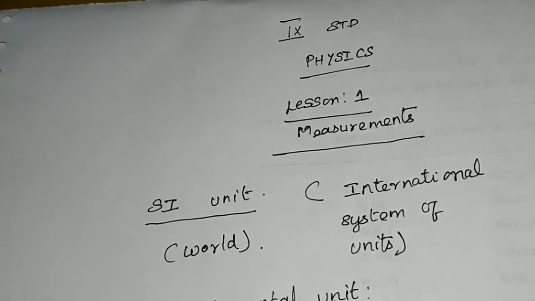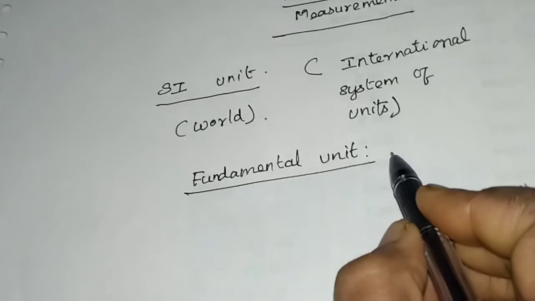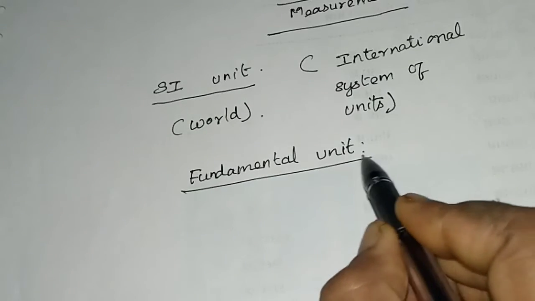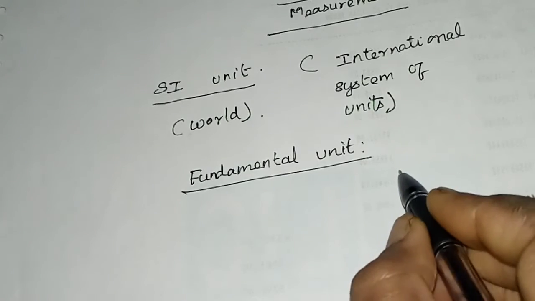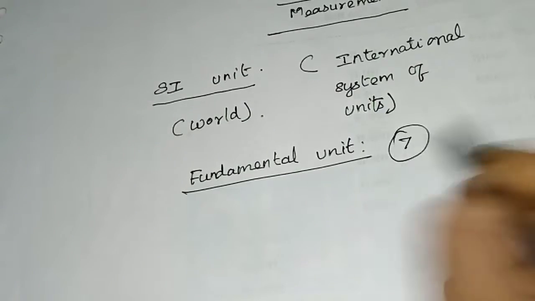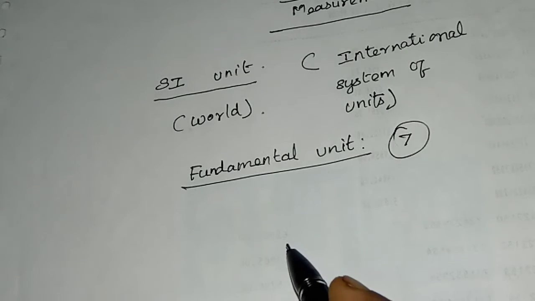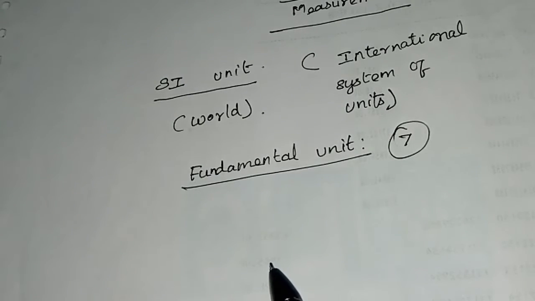I explained what fundamental units are. Fundamental units are the units which are the basis for all the units. There are 7 fundamental units. What are the 7 fundamental units?